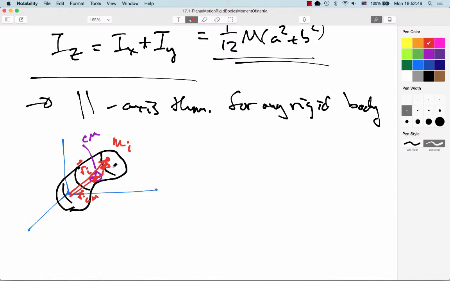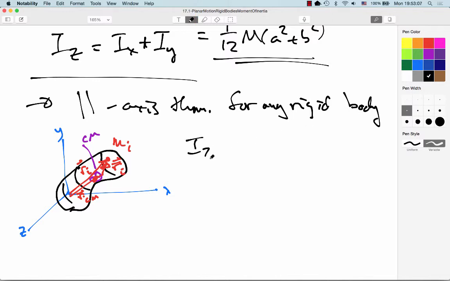And this will be located at ri bar, in the center of mass coordinates. Let me label my axes: x, y, z, like that.